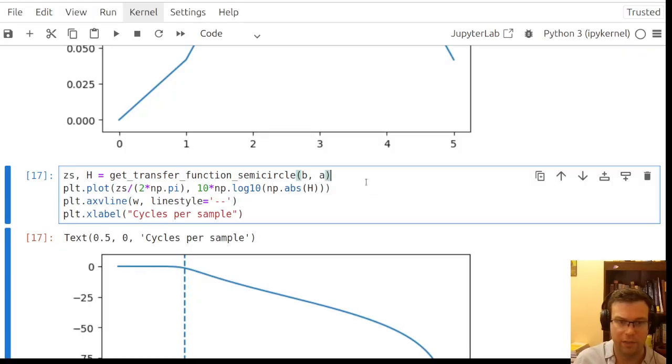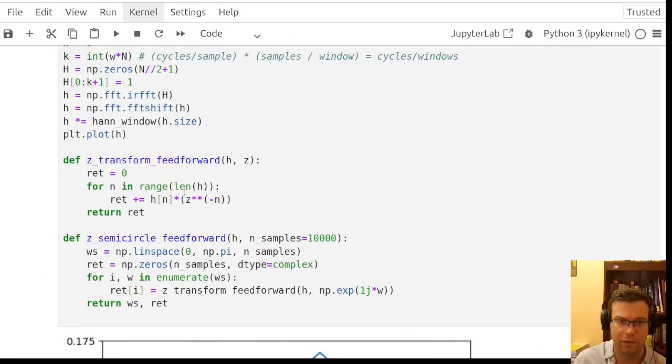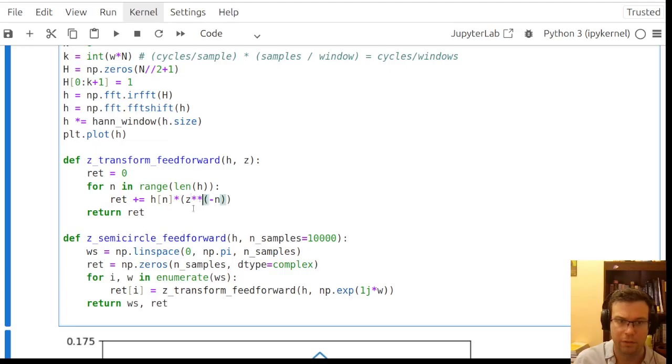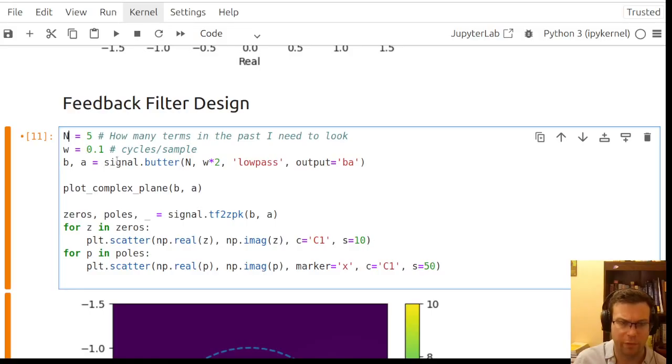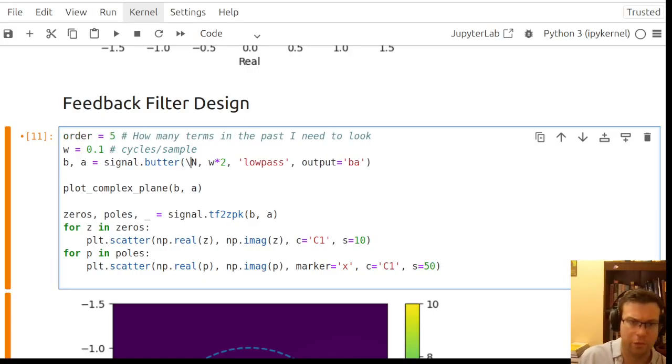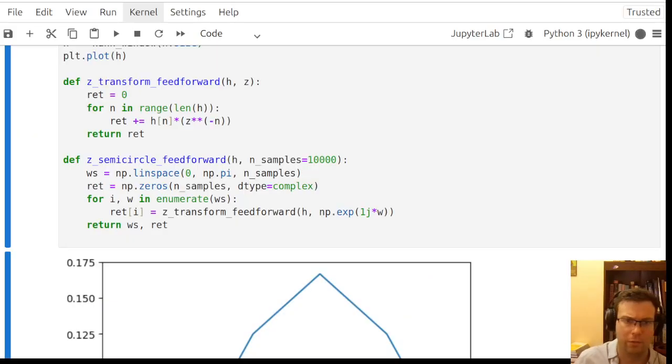Okay, so let's see how this finite impulse response one does if I compute z semicircle feed forward. Actually, let me define a different variable name for this. I'll call this order. So this is order, and I want to keep this straight.